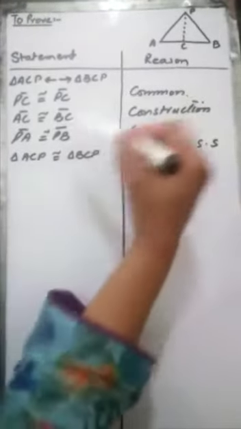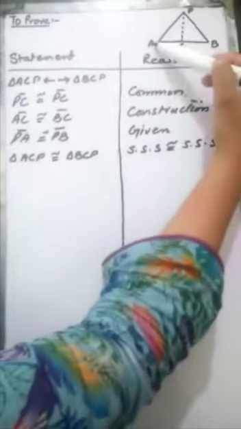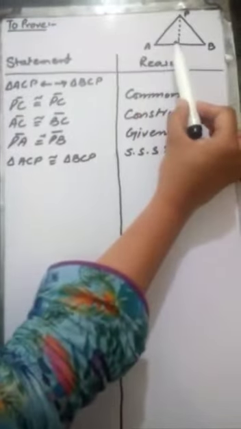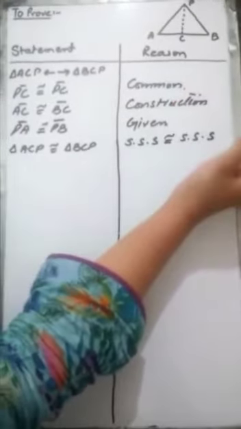Okay, now we are going to prove it as 90 degrees. So we can say that if two triangles are congruent, angle ACP and angle BCP are also congruent. Means in this triangle, whatever the angle is at point C, and in this triangle, whatever the angle is at C, they are congruent because of the congruent triangles.